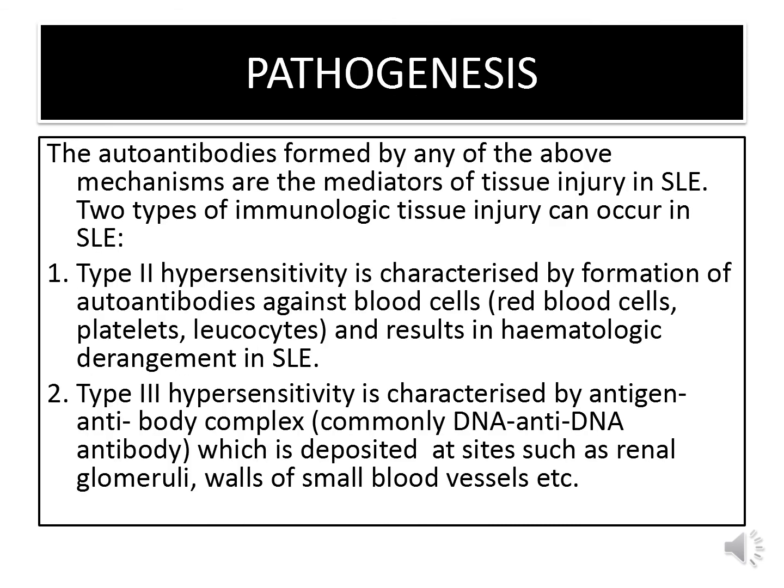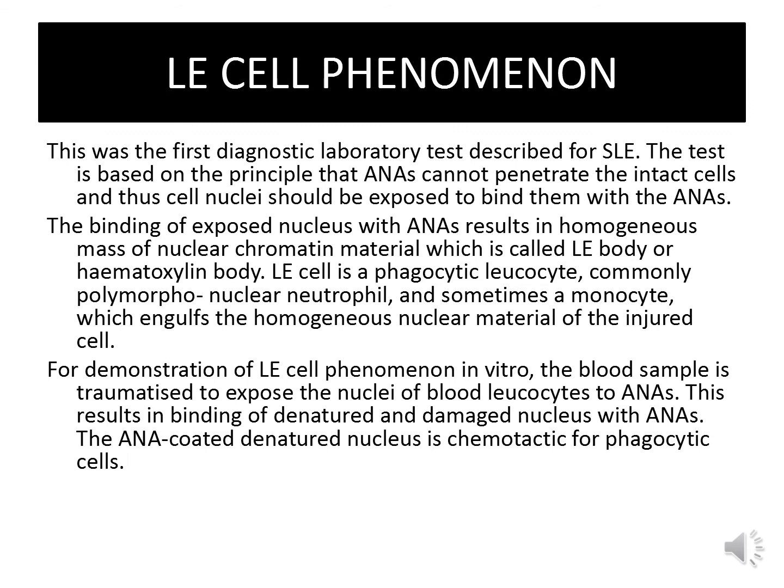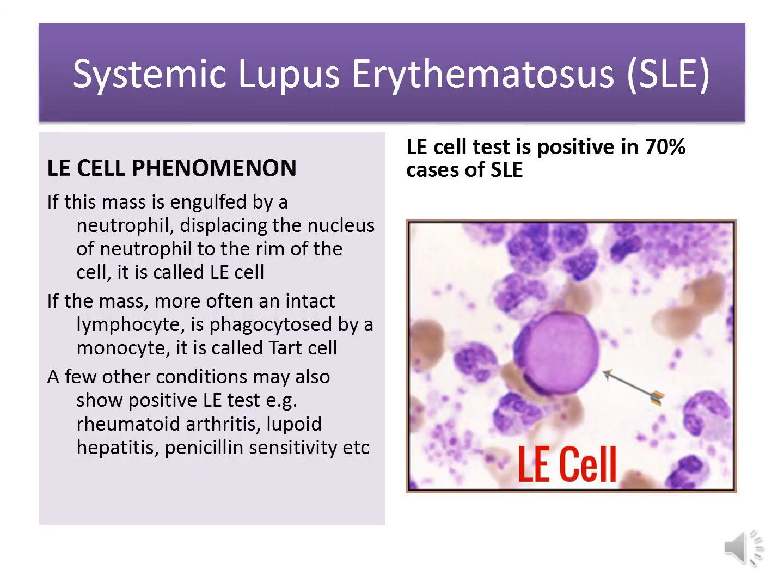And we know that very important autoantibodies are involved in the pathogenesis of lupus erythematosus, which may cause type 2 and type 3 hypersensitivity reactions. In case of systemic lupus erythematosus, we see the LE cell phenomenon.